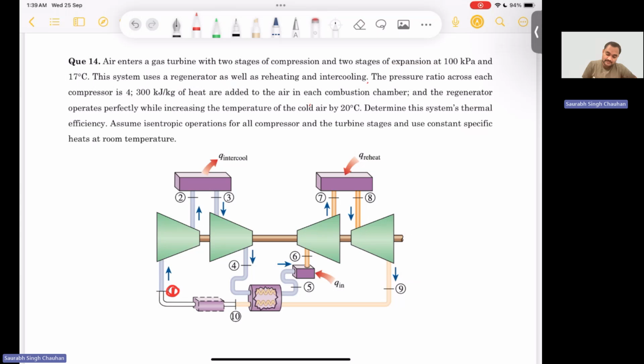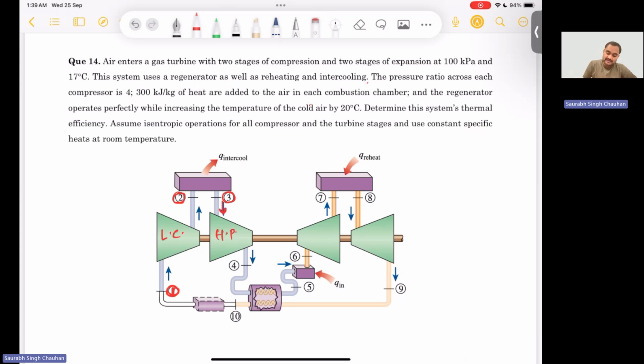The air goes to the first compressor, the low pressure compressor. Then after the low pressure compressor at point 2, it goes into the intercooler, so it becomes a little cold. Then after the intercooler it passes through a high pressure compressor.